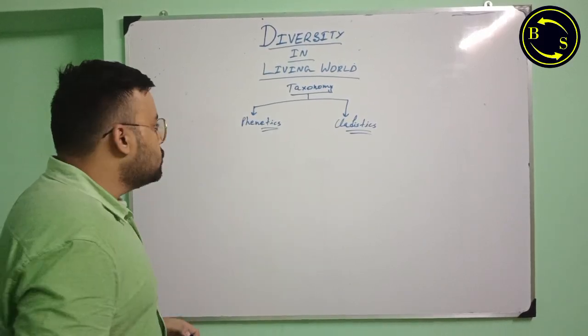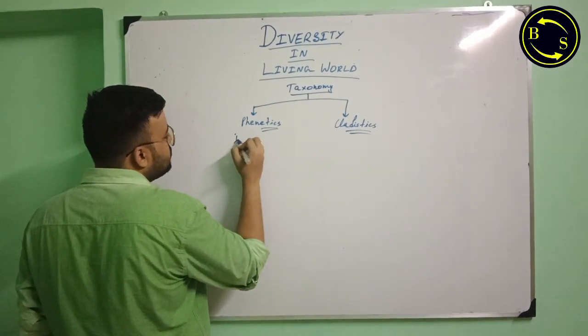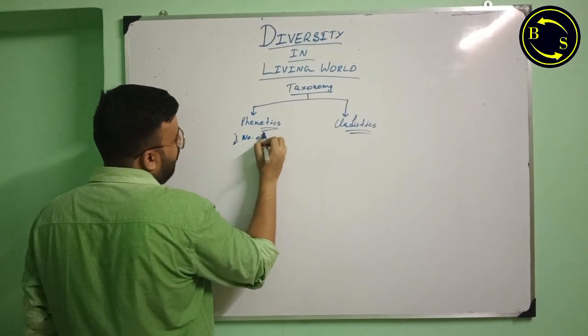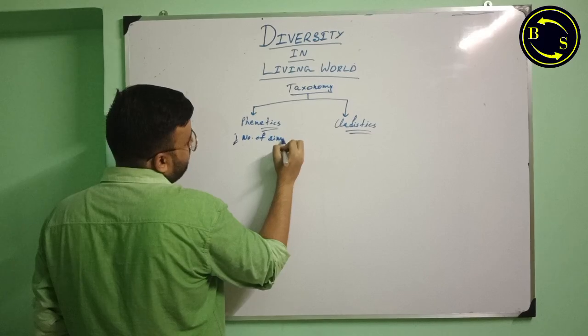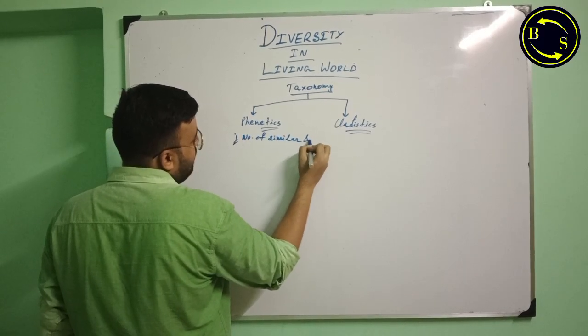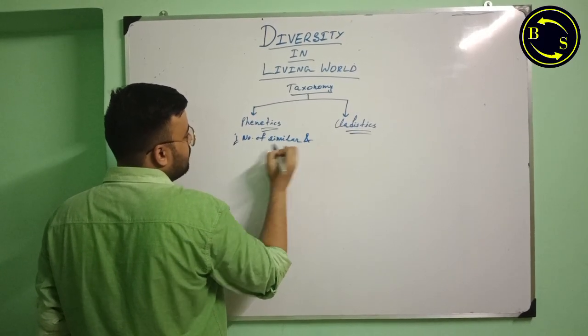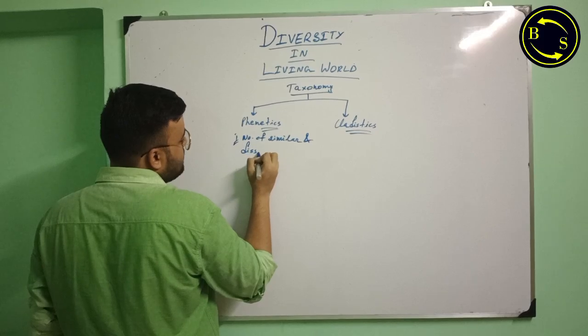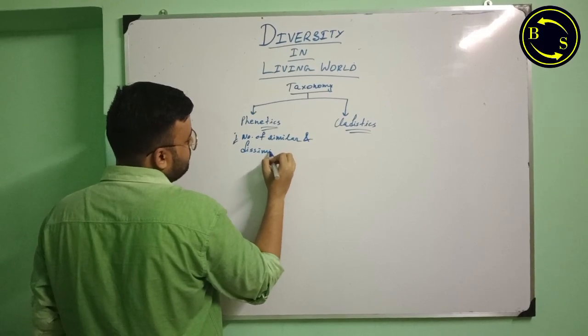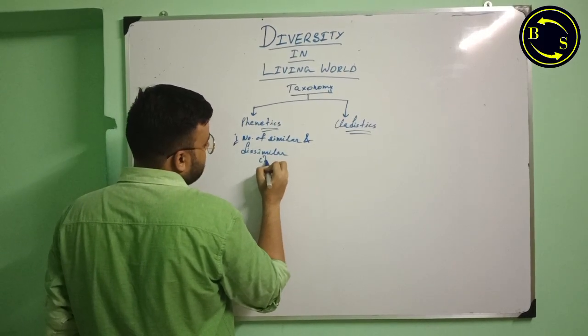So the grouping is based on the number of similar and dissimilar characters.